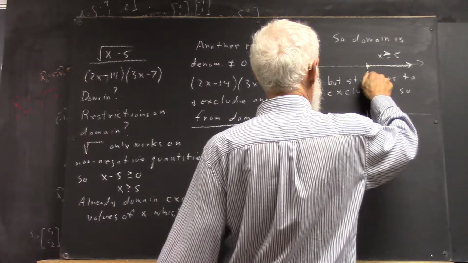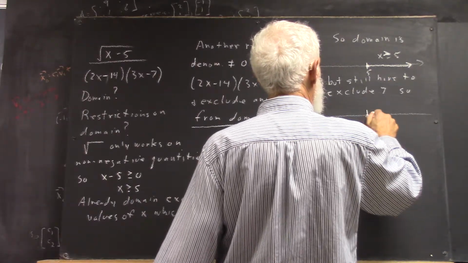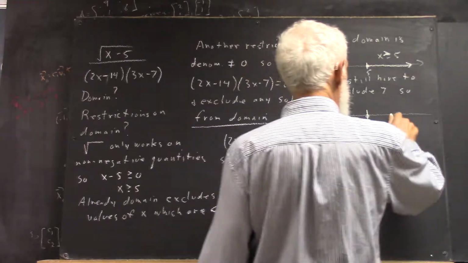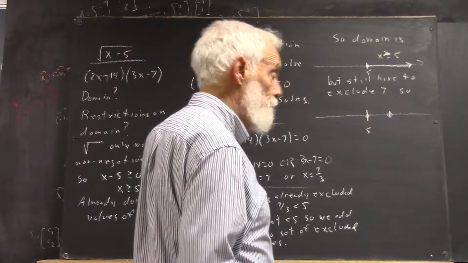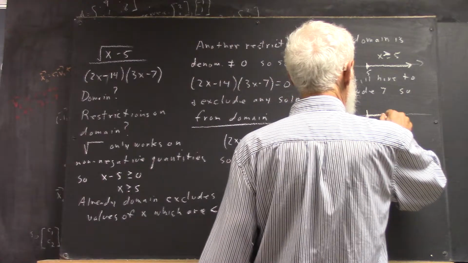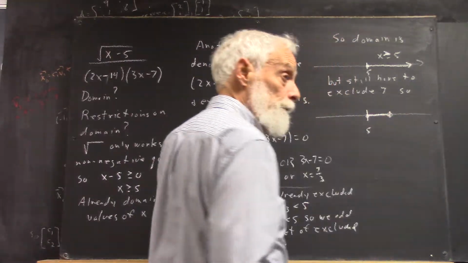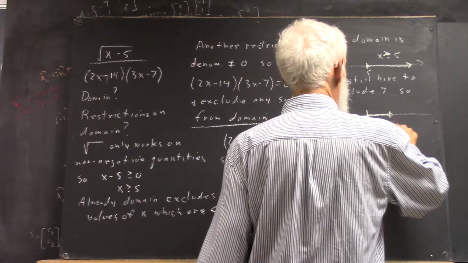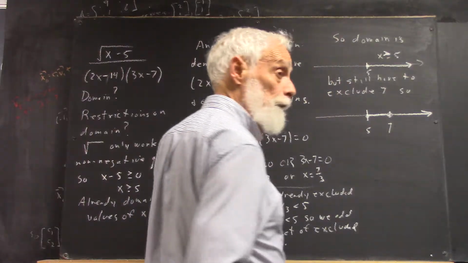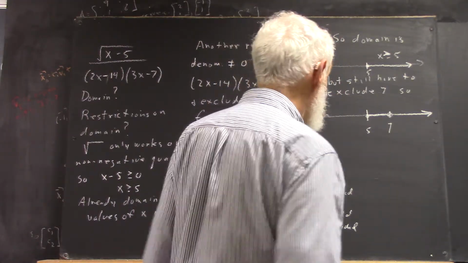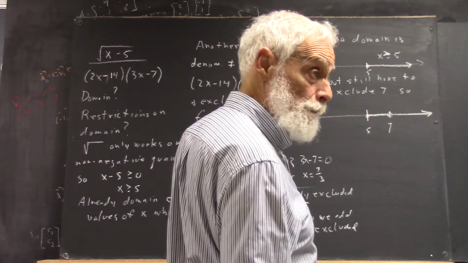So here's 5. It's included. 7 is not included. Okay? So we have an interval from here to here, but not including 7. And then everything from here on, but not including 7, right? Okay, so there's a picture of the domain.